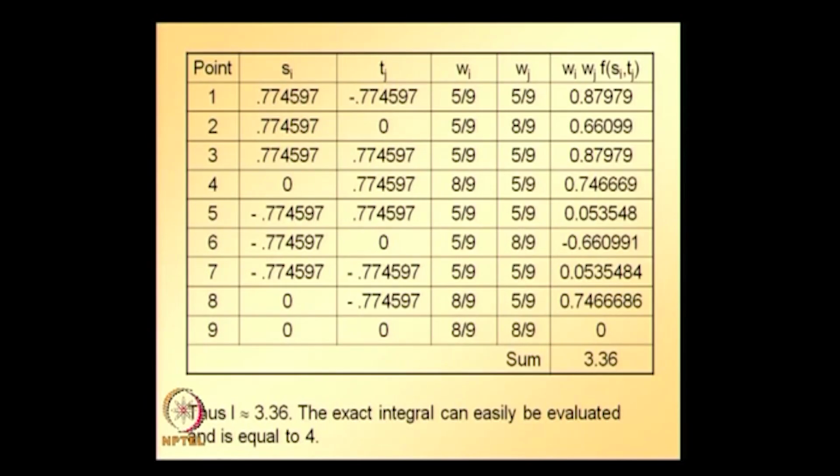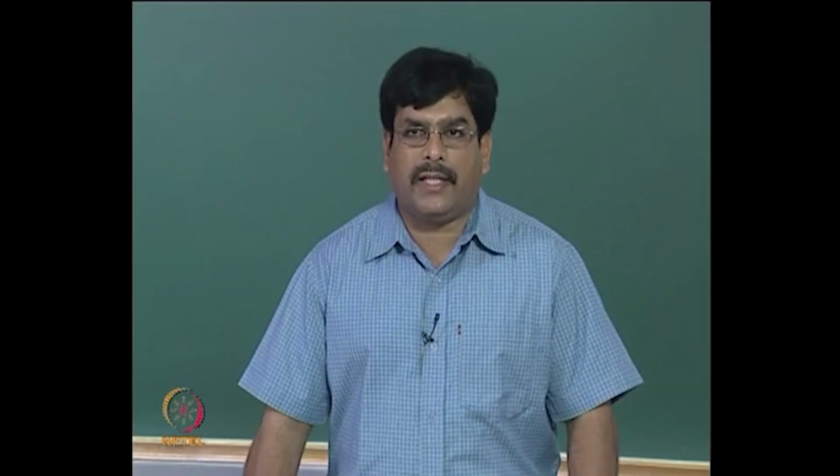And if you see this integral, in the s direction we have highest power as 7, in the t direction highest power as 6, and we can as well apply the formula that we looked at when we were discussing the one dimensional integral, that is, n point Gaussian integration can integrate a function of order 2n minus 1 exactly.